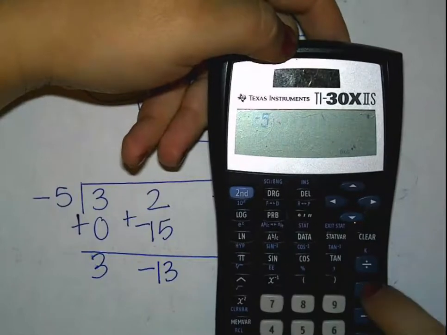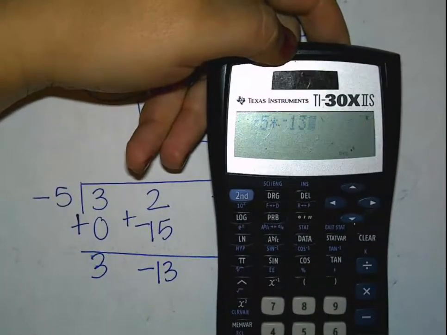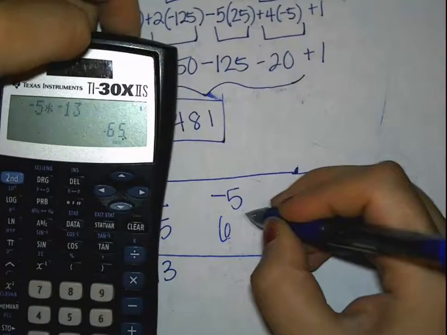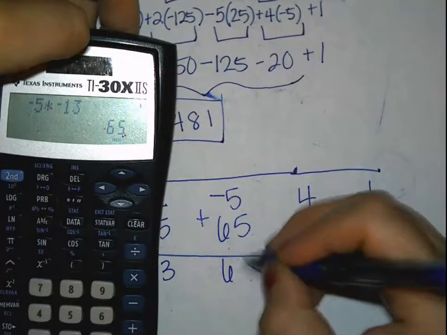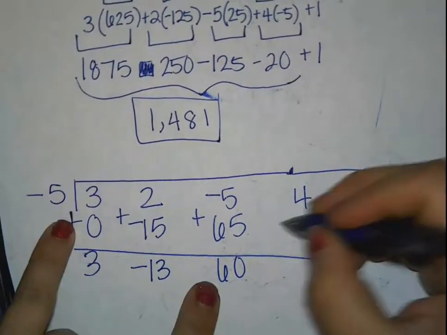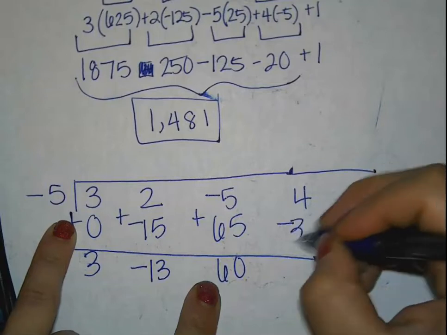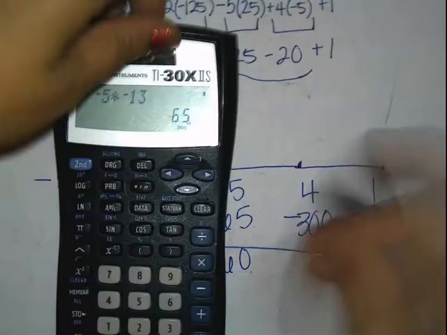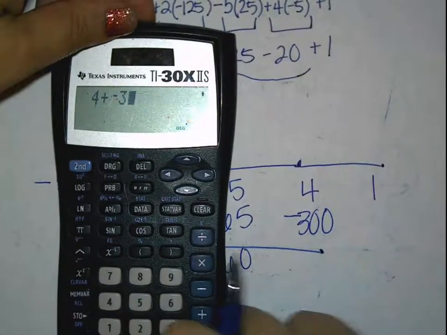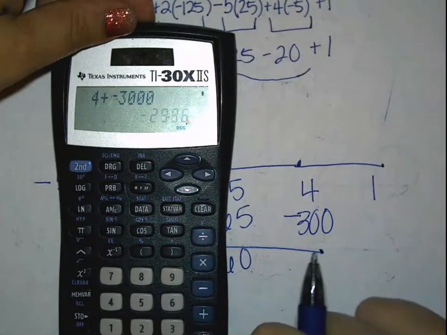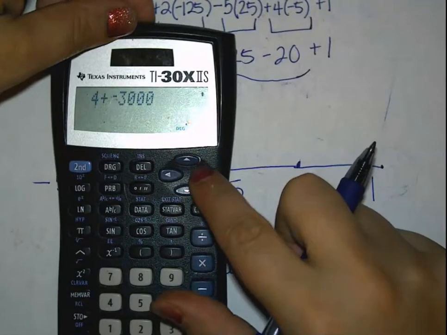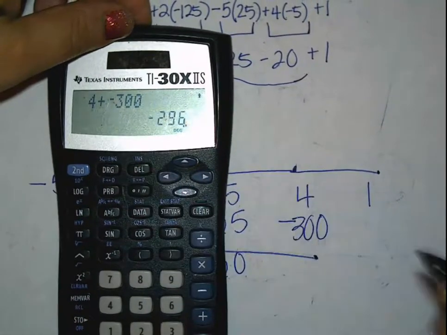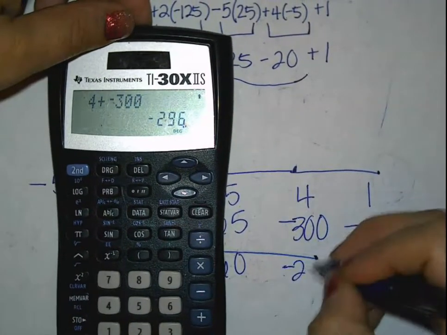If I didn't have a calculator, this wouldn't be that bad. So 65. And then I would add, then I multiply, then I add here, so 4 plus negative 300. Oops, too many zeros. So it's negative 296.